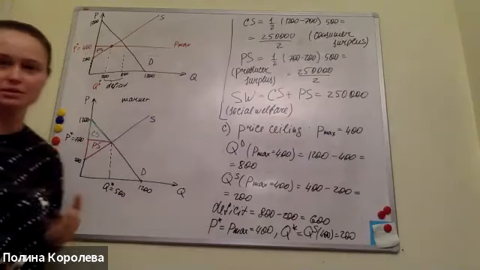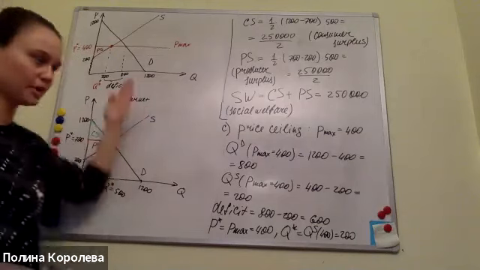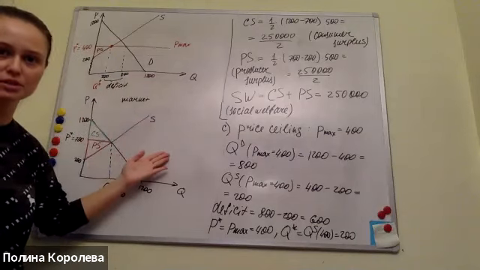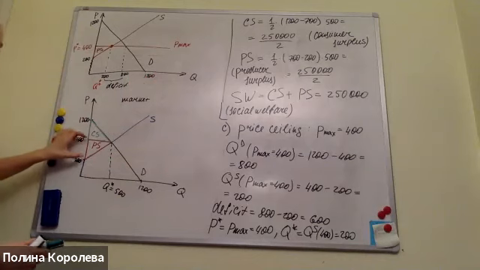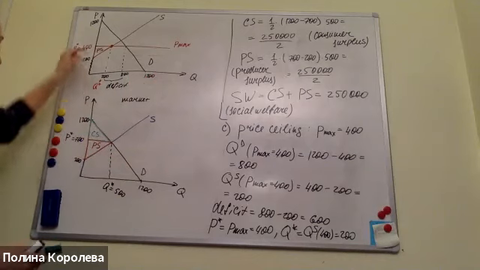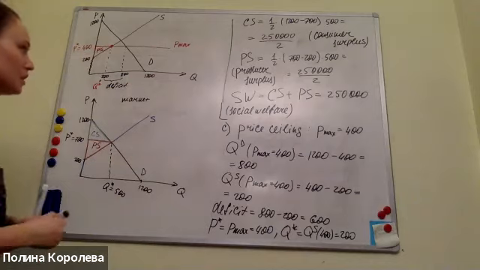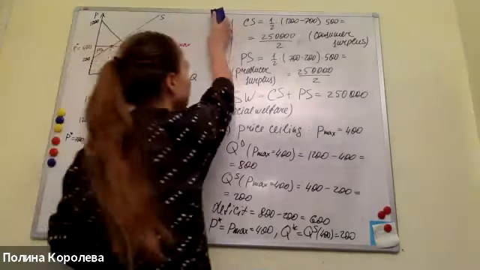And if we compare, we see that producers are worse off compared to the situation without government intervention. You see, this triangle is bigger than this triangle, but we can count it.